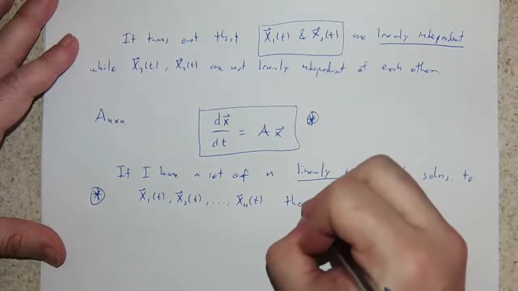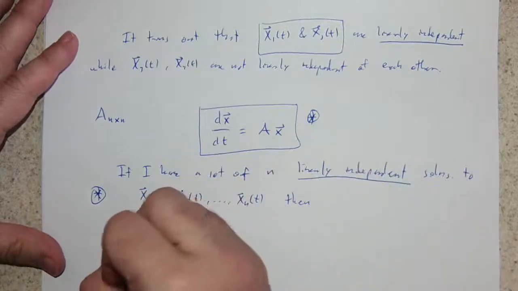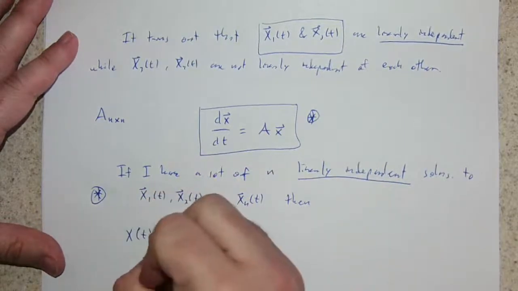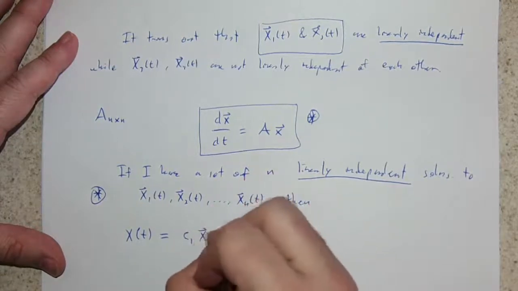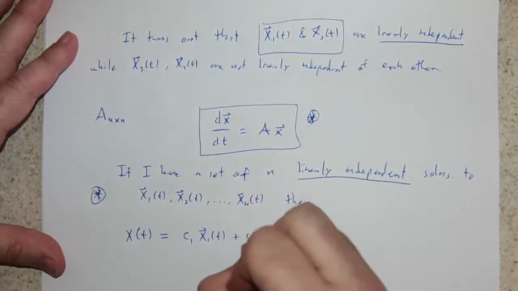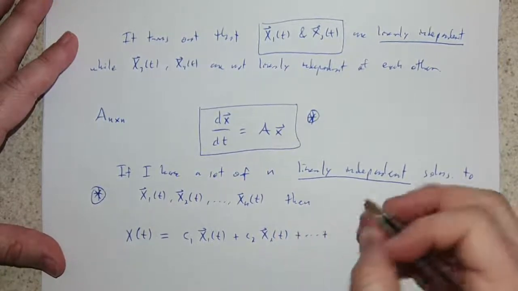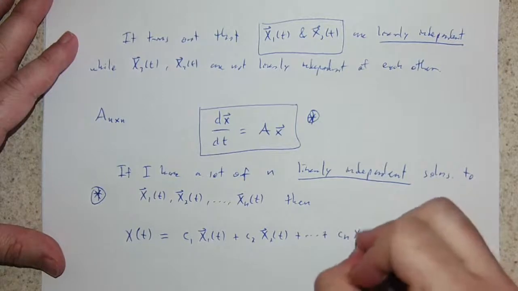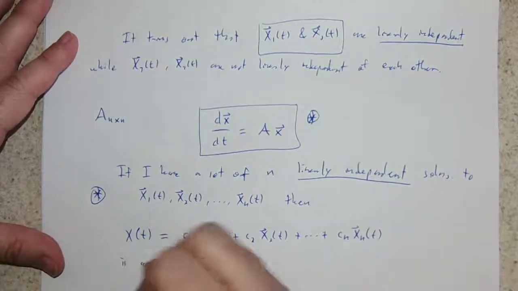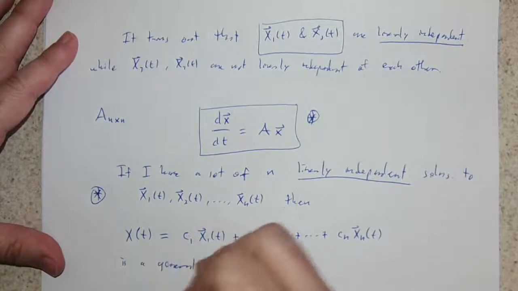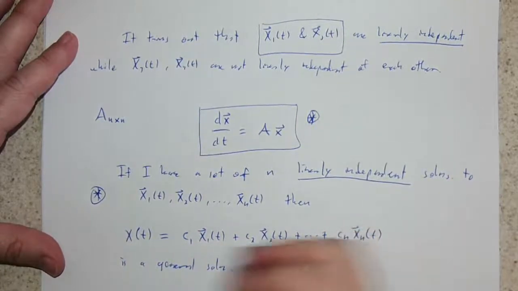Then x of t, which is defined to be c1 times x1 of t plus c2 times x2 of t, and so on, plus cn times xn of t, is a general solution of asterisk.